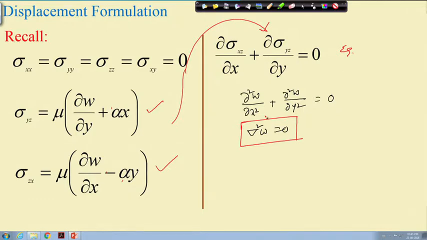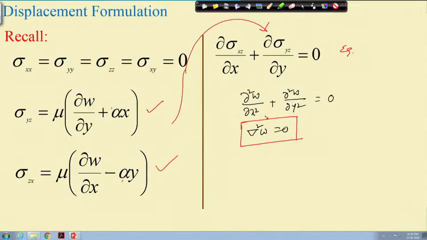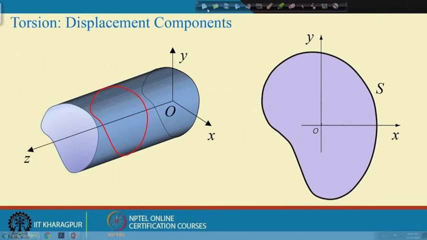But recall that when we wrote this in terms of stresses, the final expression in terms of the stress function was Poisson's equation.